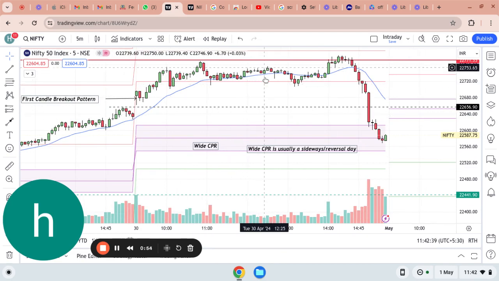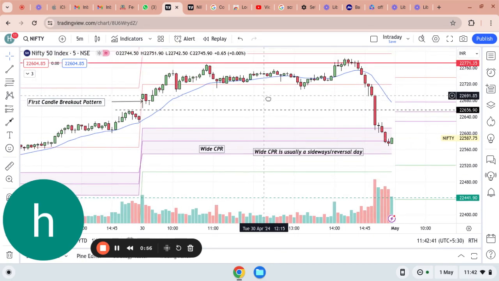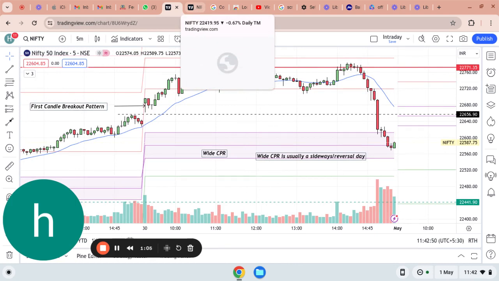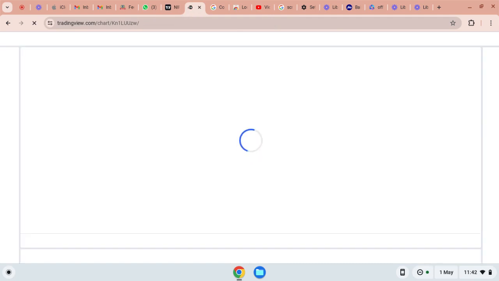Before that, I want to highlight the red line which I plotted here. This is the all-time high. If you see on the daily time frame in this chart, you can see that this is the all-time high which I marked on my chart.